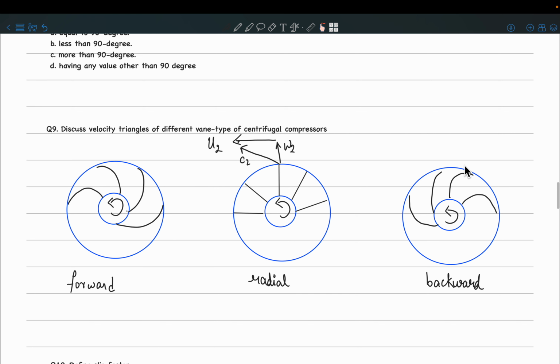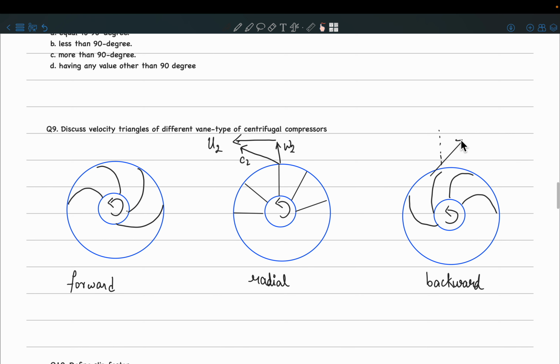And in the case of a backward lean, so if I just consider this blade for example, then how is W going to be? What is W basically? It is the velocity along the impeller blade, right? So here the air is going to come out radially. Here the air is going to come out in this direction along the impeller blade. Is this clear?